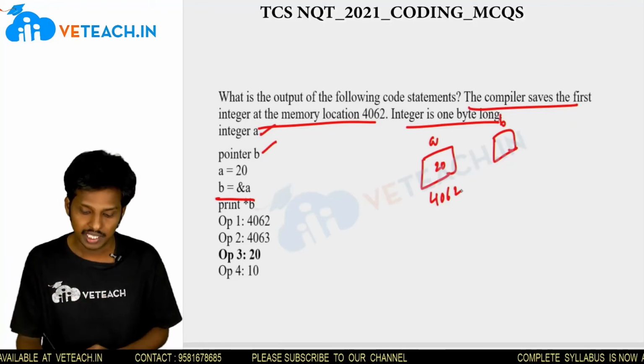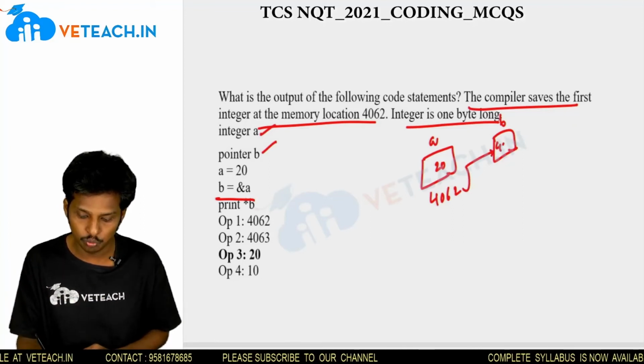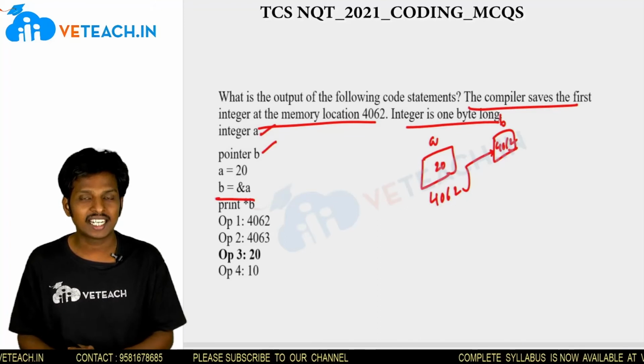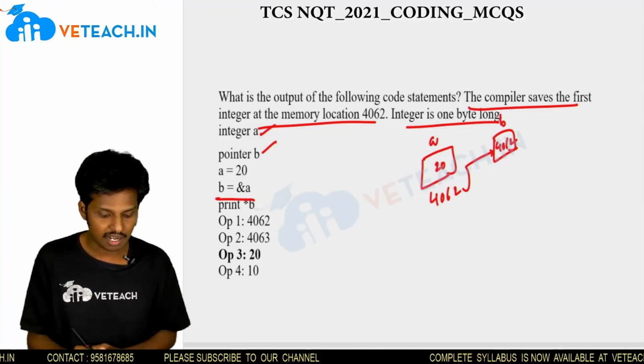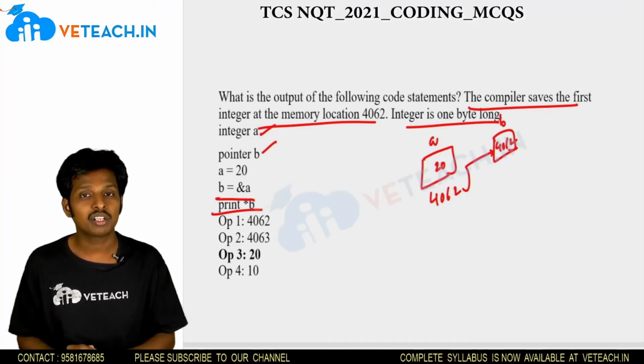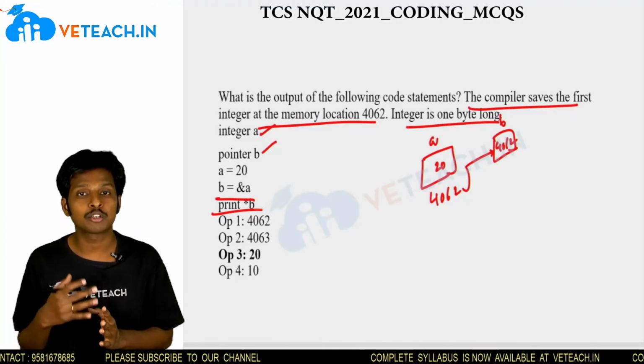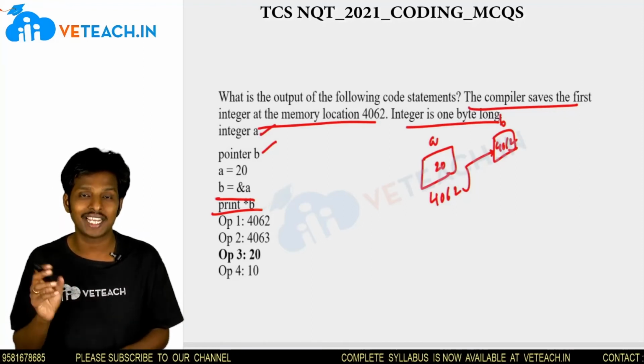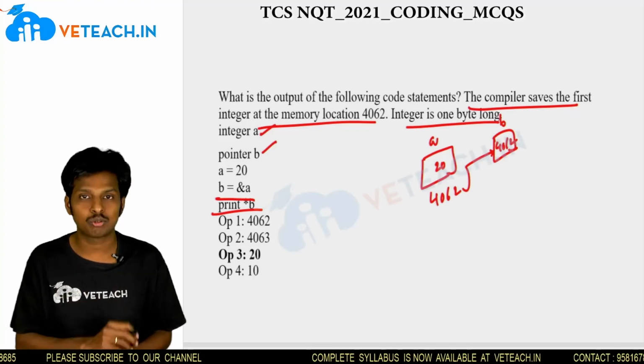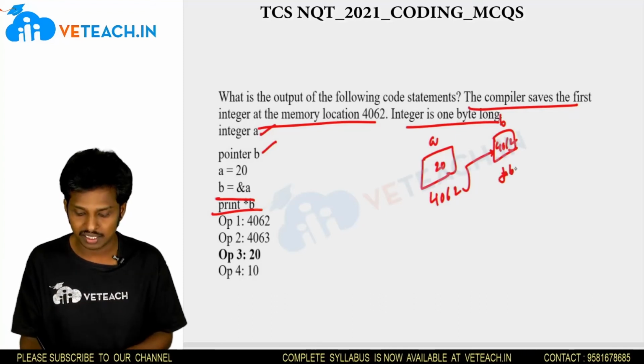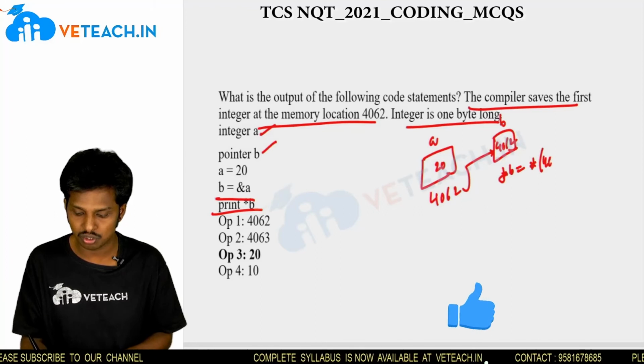It is 4062. This 4062 is copied into b and it contains 4062. Now print star b. When I try to apply the star operator on a pointer variable, it's going to get the value present at that address location. So star b is going to find star of 4062.